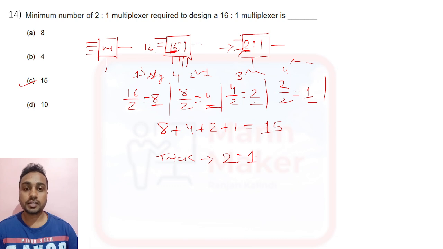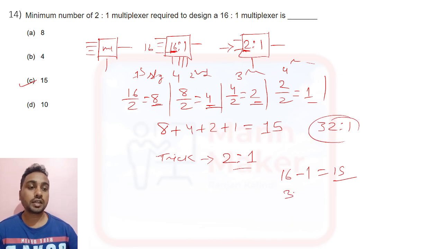If they ask how many 2 is to 1 multiplexers are required to design 32 is to 1 multiplexer or 16 is to 1 multiplexer, then simply whatever you need to design, suppose they ask 16, so 16 minus 1 is 15 is your answer. If they ask 32 is to 1, then directly 32 minus 1 is 31 is your answer. Like this you have to give the answer for 2 is to 1 multiplexer.